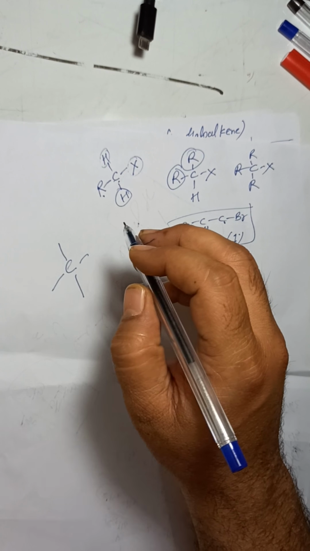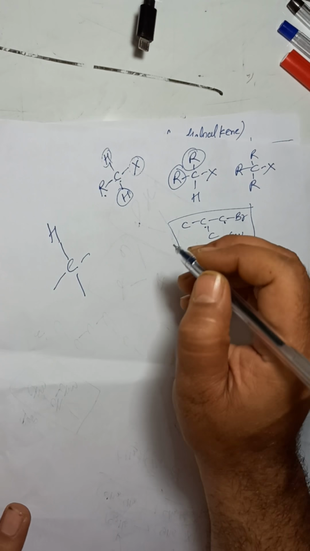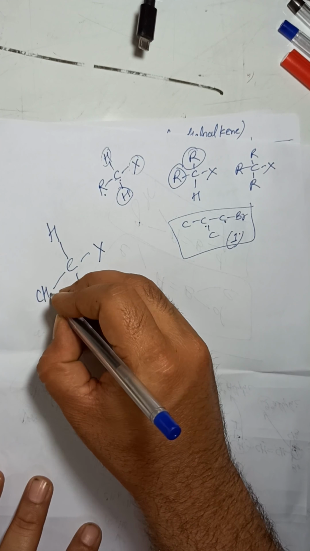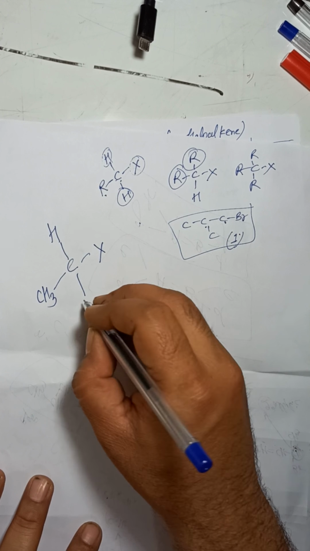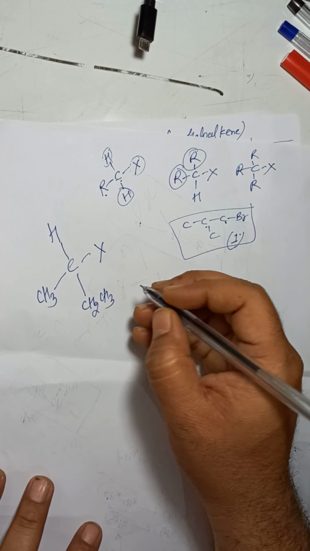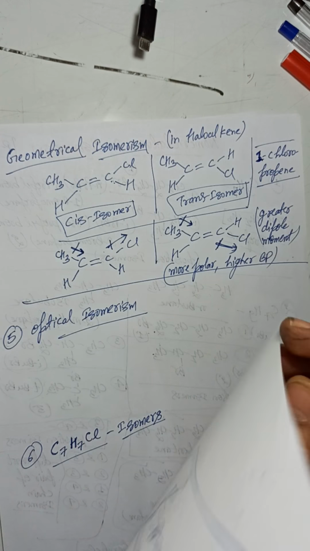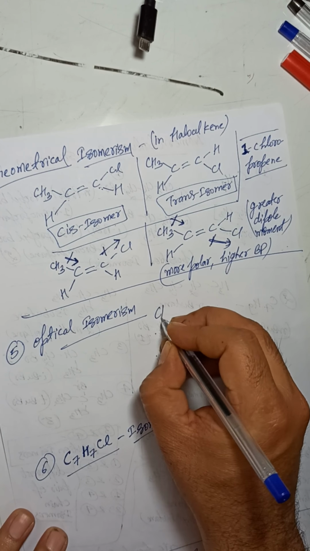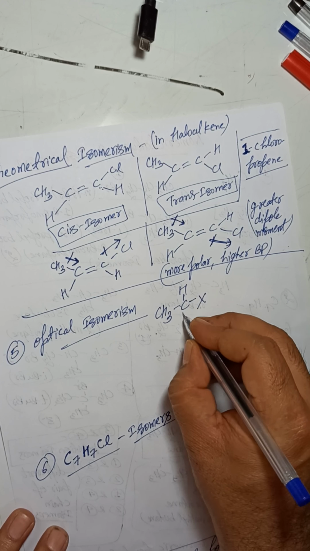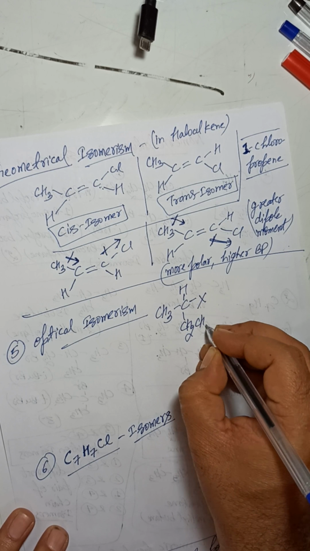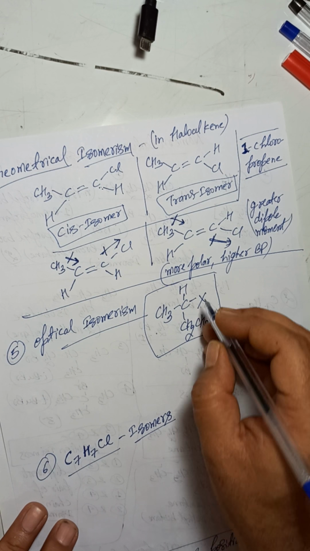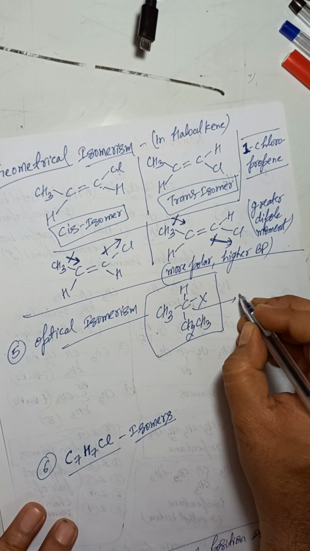Starting from the simplest, we can put one hydrogen here, one halogen here, the minimum number of carbons, that is 1, here, but then we have to go for CH2, CH3 here. So this is the simplest haloalkane which can exhibit optical isomerism. This carbon is the chiral carbon.